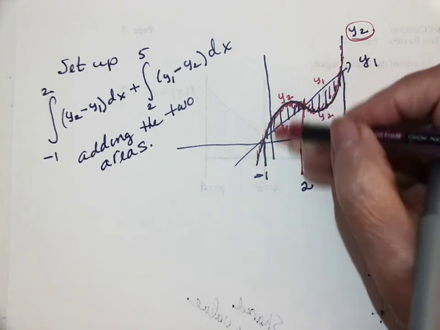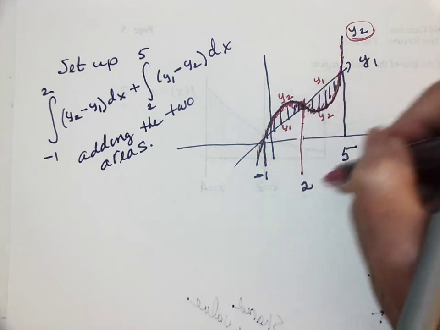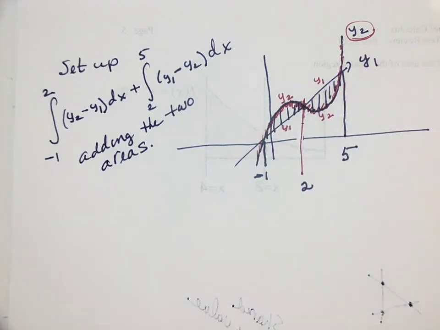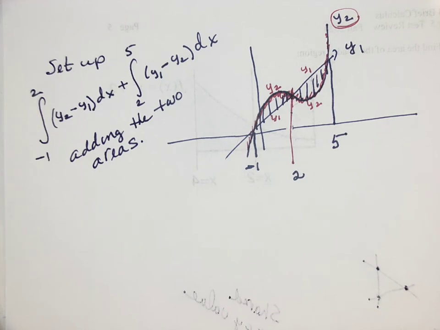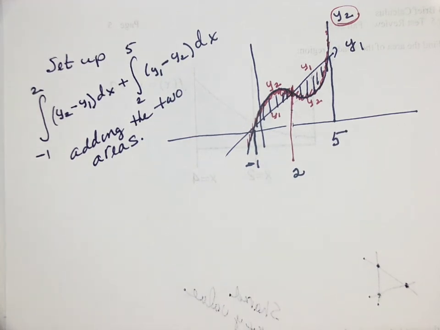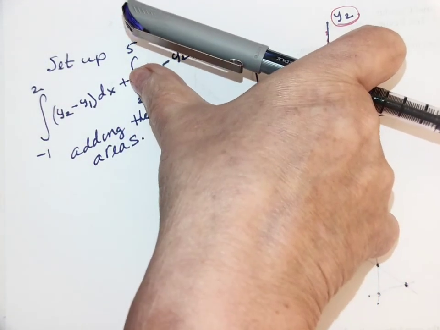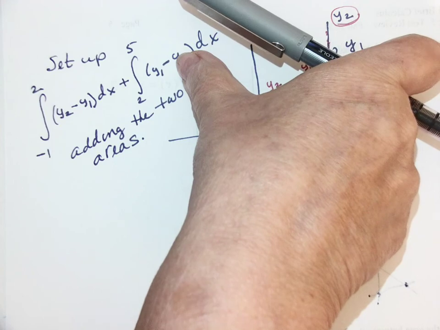Any questions on how this works? I didn't give you one on the review, but that would be the setup. And then you would do just the regular integral. Find that area, add it to that area.